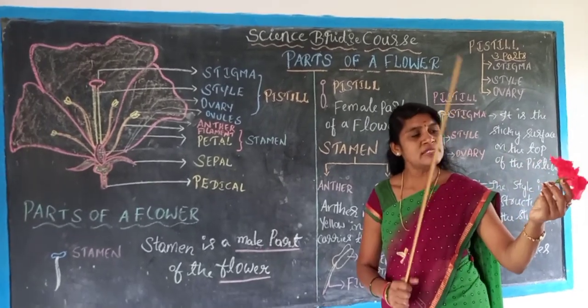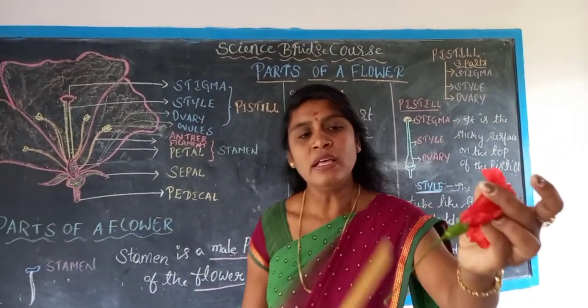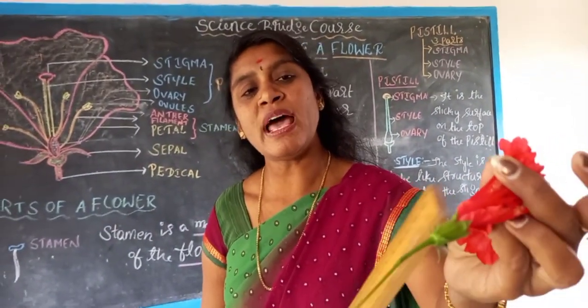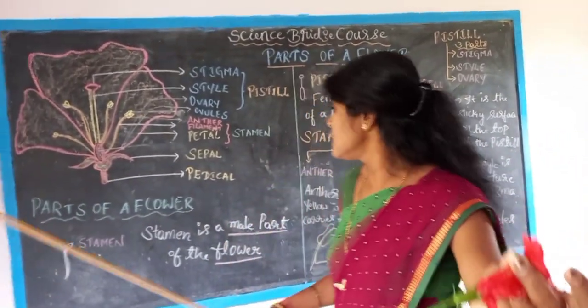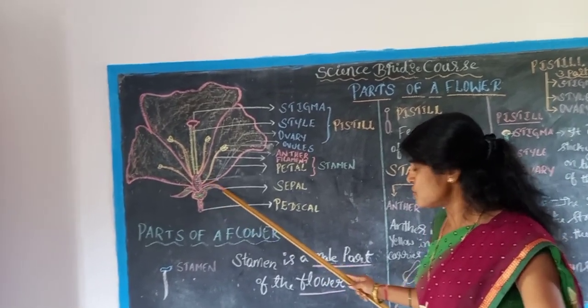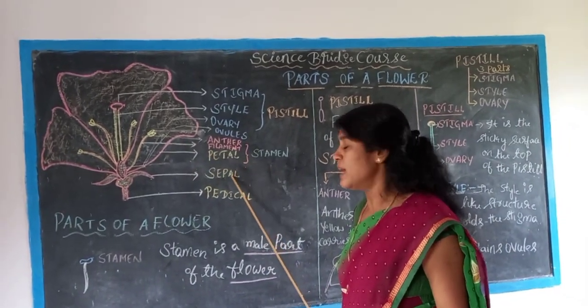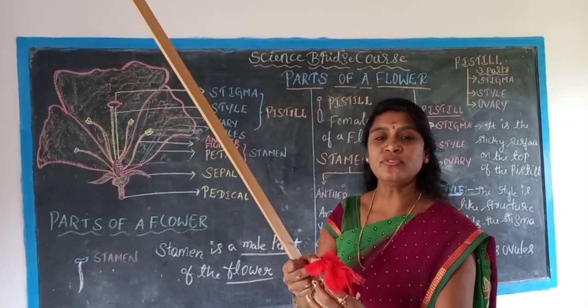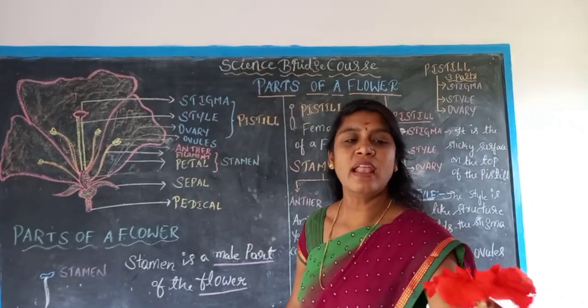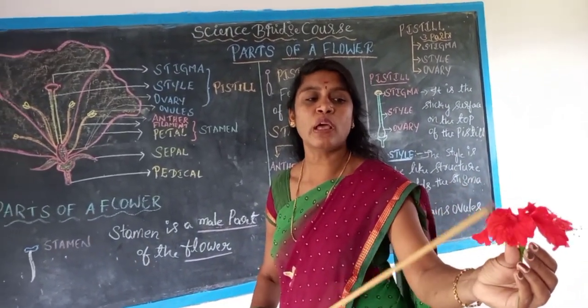Then see the green color one here. This leaf-like structure is called the sepal. And the colorful part is called petals or corolla.